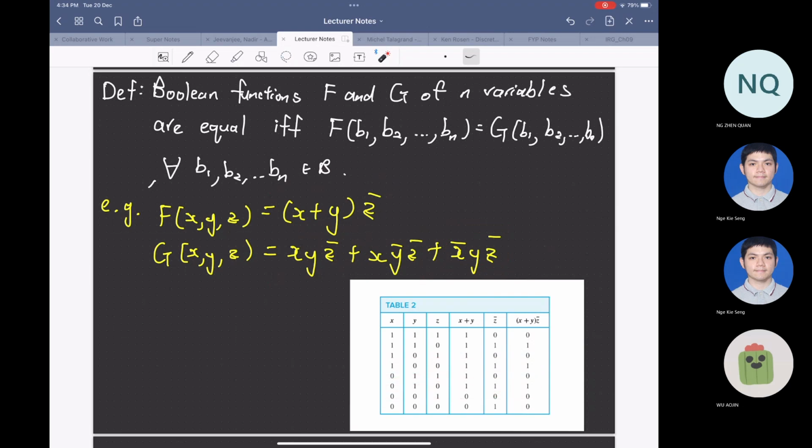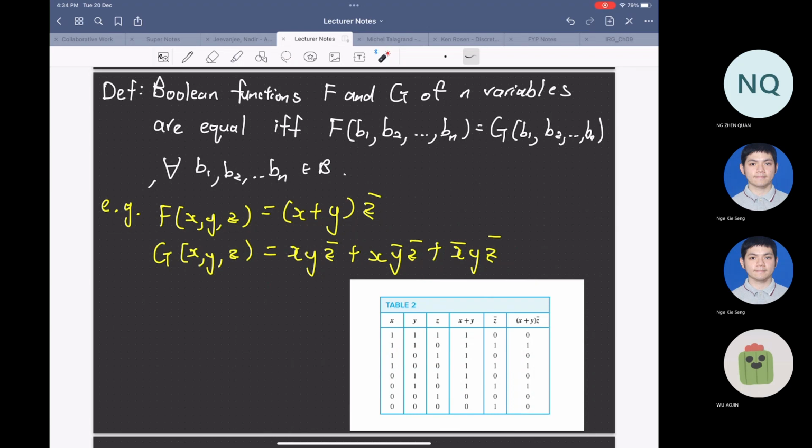But this is just a quick way, you need to try and work out the output for G. Work out the output for G and then see that it agrees with F. Just now it's just a quick way to see it. Make sense? So you need to use G.